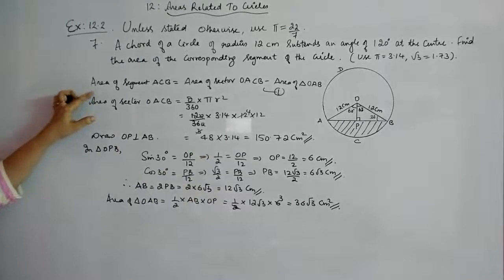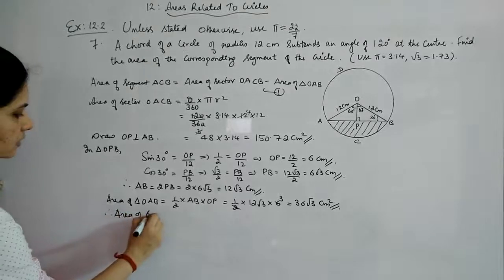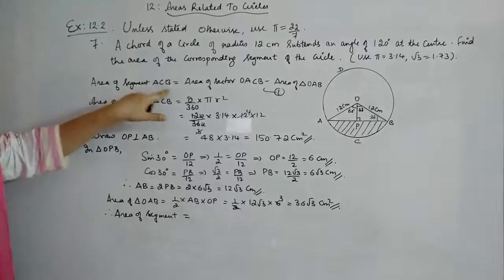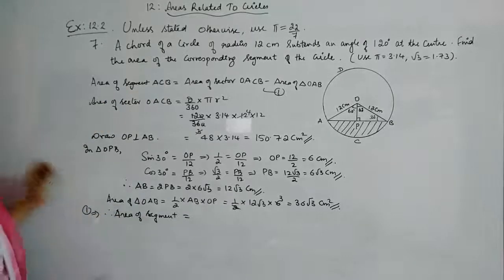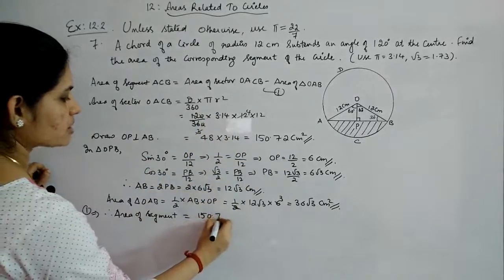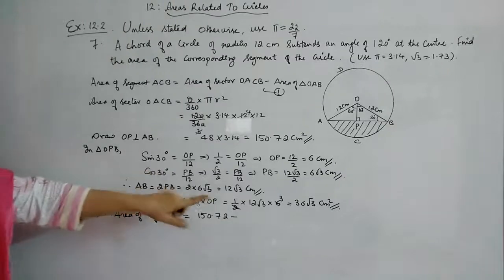Therefore, area of the segment is equal to, from one, area of sector, which is 150.72, minus area of triangle, which is again 36 root 3.